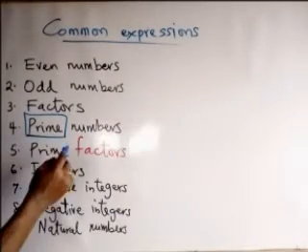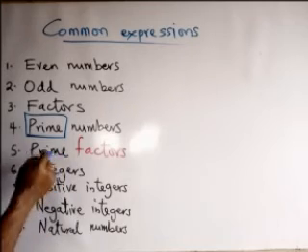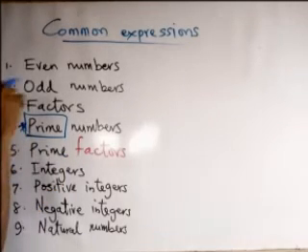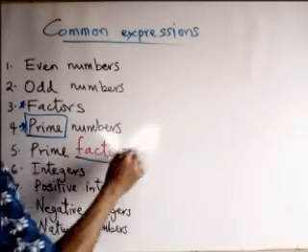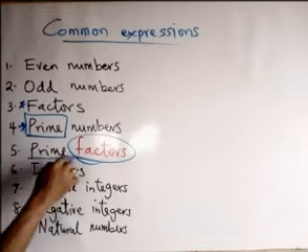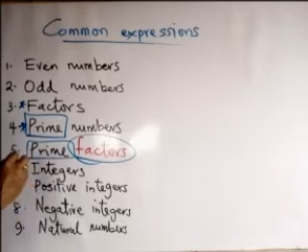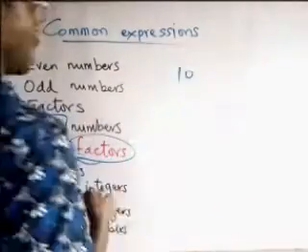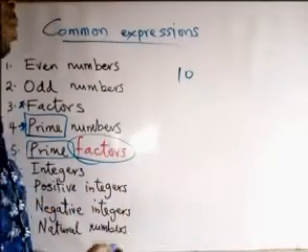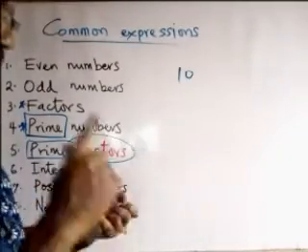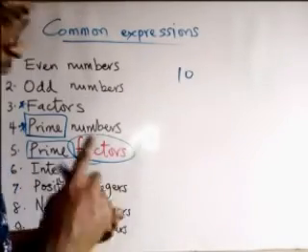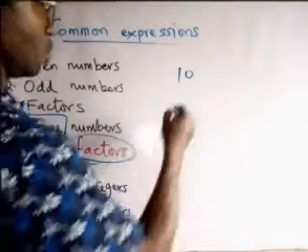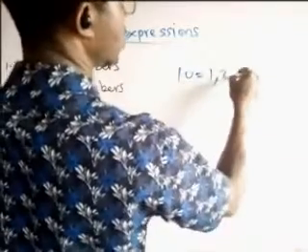Now, who can tell me what a prime factor will be when you combine prime with factor? From the word factor, what can divide? From the word prime, there are only 2 of them. So when they give you a particular number and ask you to fish out all the prime factors, for example, if I have 10 right now, I know that 10 has its own factors. You have 1 as a factor, 2 is a factor, 5 is a factor, 10 is a factor.